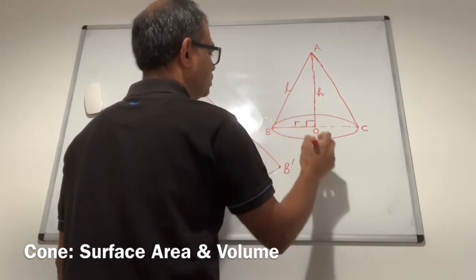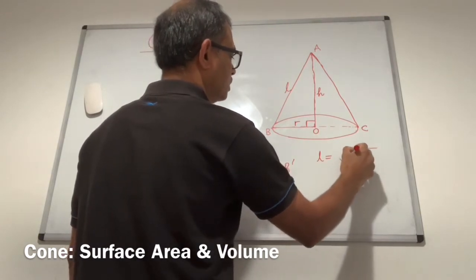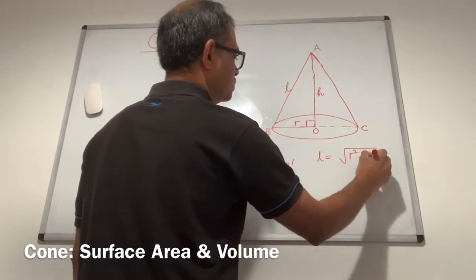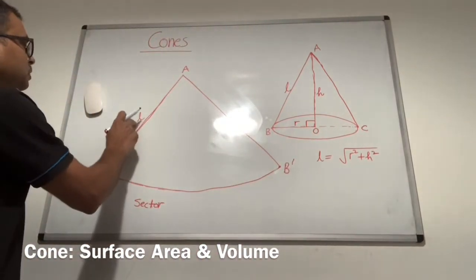So L would be equal to root under r square plus h square. This would be your L.